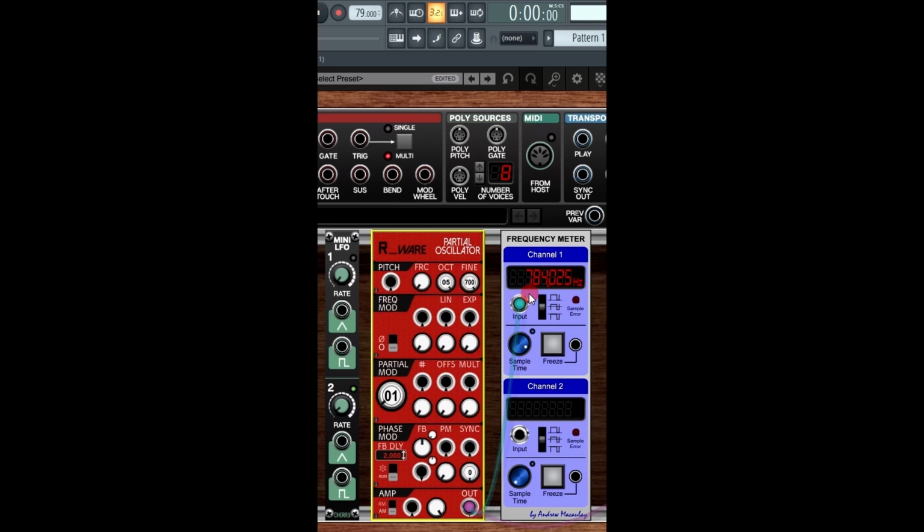And switching to higher partials, here above, here down, I can generate frequencies up to 24,000 Hertz, 24 kilohertz. And these 24 kilohertz are the absolute limit the module can deliver. Let me go back again.